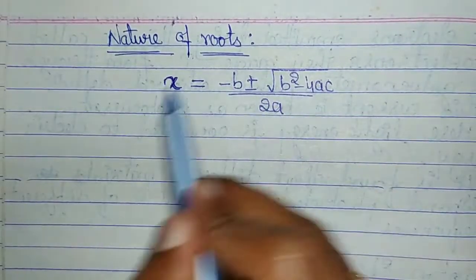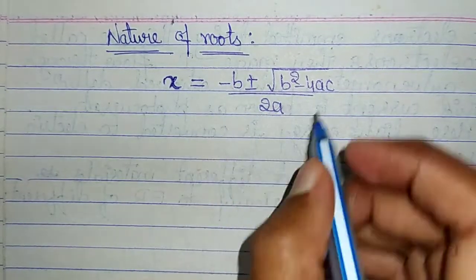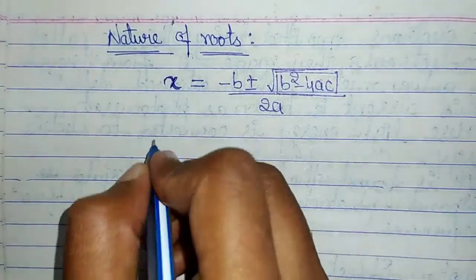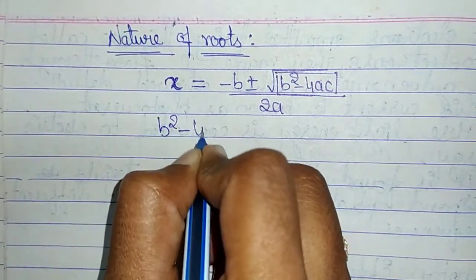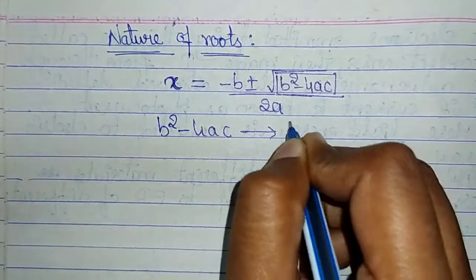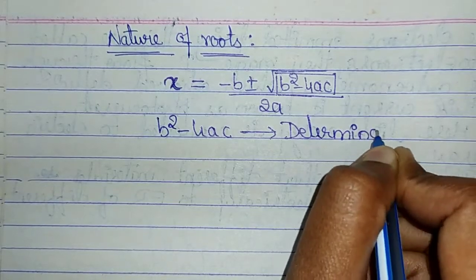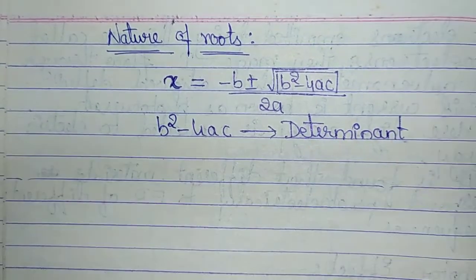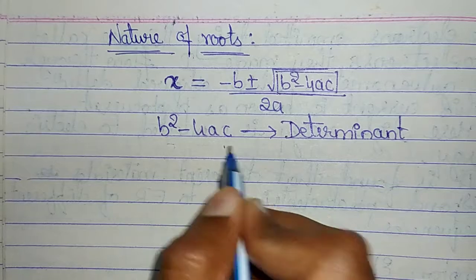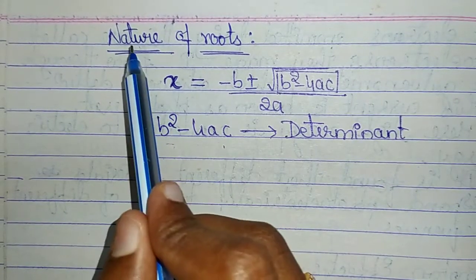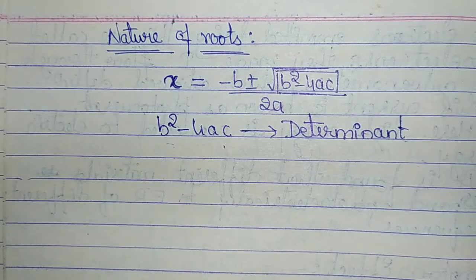This was our quadratic formula, and in it, the term b square minus 4ac is called the discriminant. The importance of this term is that it determines the nature of roots, or what kind of roots our quadratic equation has.